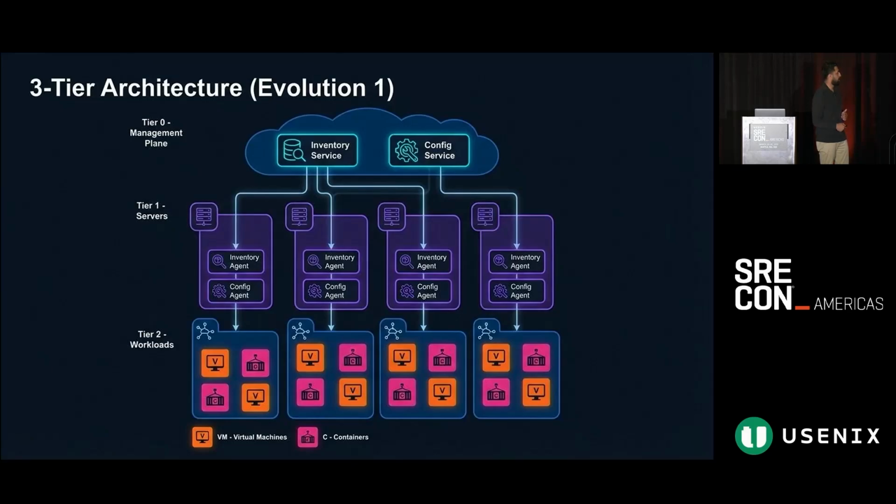And similarly, the config service is connected with all the config agents on the servers. So if you have 1,000 such servers and let's say 5 verticals, then we had reduced our incoming connection count from 100,000 connections to say 5 into 1,000, which is 5,000, which was very helpful for us to get started and scale better.